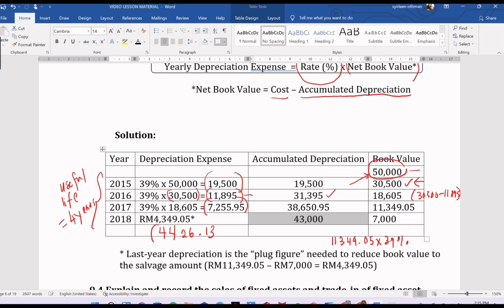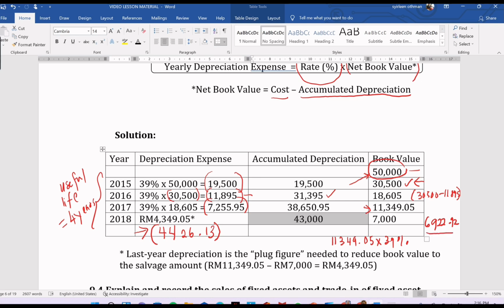Okay, this is what we get if we calculate 39%. But if you minus 11,349 ringgit and 5 cents with the value we get from this calculation, your salvage value will be left with 6,922.92, 6,922 ringgit and 92 cents.